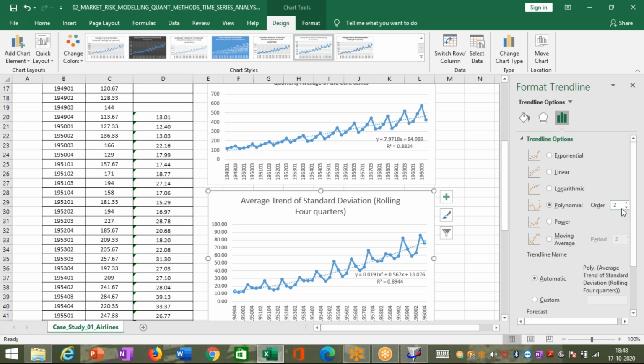So basically, if you have to approximate this time series, the best possible fit you are getting is that of an exponential fit.